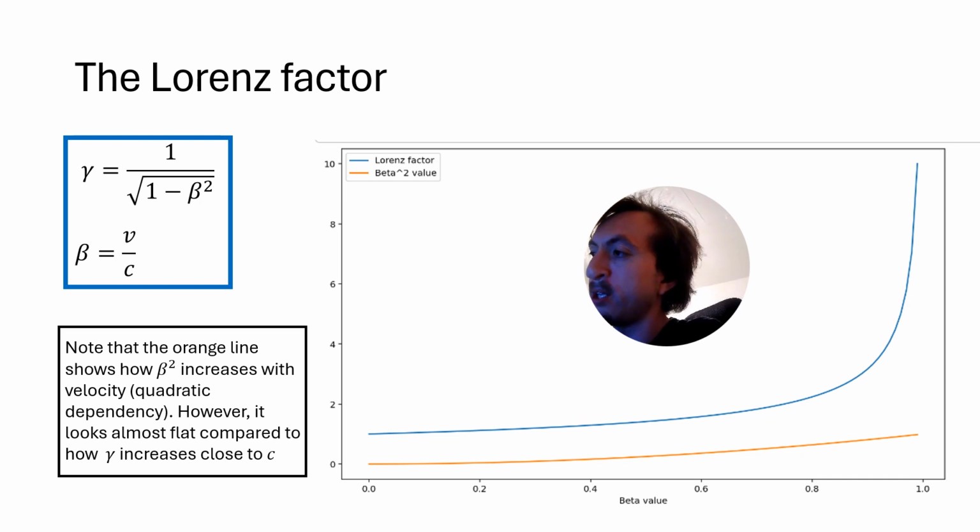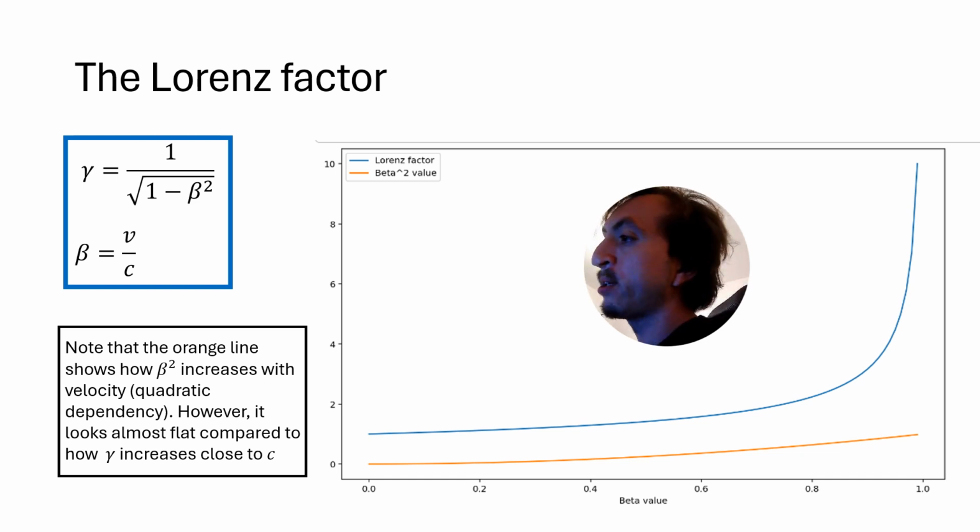Both of the inputs into these functions are the value of beta, so beta can range from 0 to 1. But what we can see is that beta squared, by definition, is a quadratic function of beta. Essentially, this orange curve is the curve y equals x squared, if you like, because the y-axis is beta squared and the x-axis has an input beta.